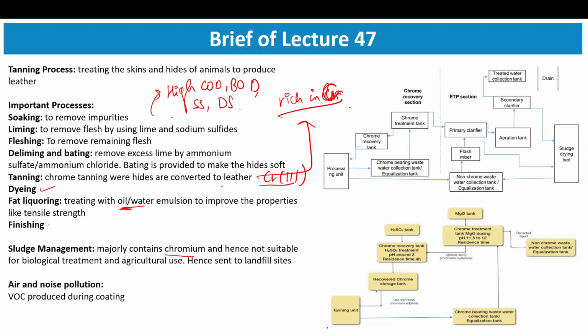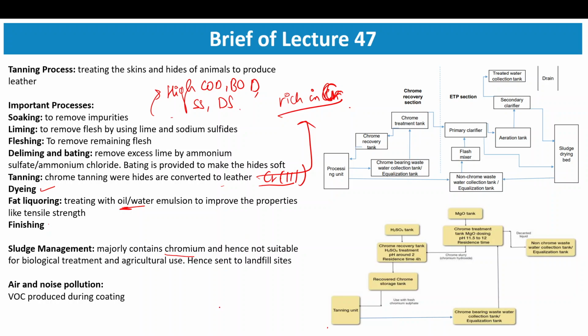So incineration is not advisable, and agricultural use of such sludge is also not possible because it is toxic. So the last option that remains is to send it to landfill sites.